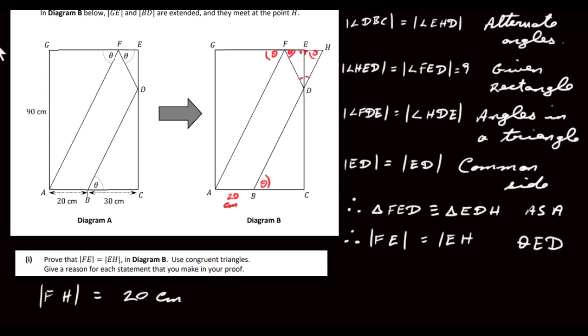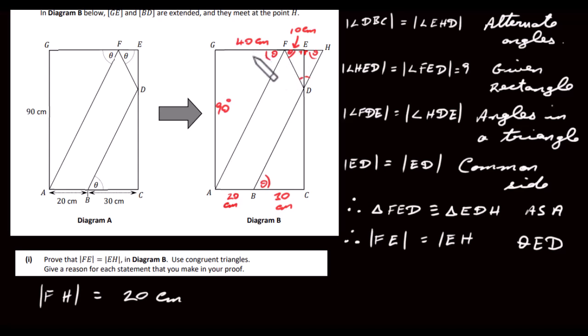So this must be 10 centimeters here. If that's 10 centimeters, we know that if this is 30 centimeters here, it's 50 centimeters in total across here. So that means this must be 40 centimeters here. We know that this is 90 centimeters along here from G to A. So we have this triangle here.